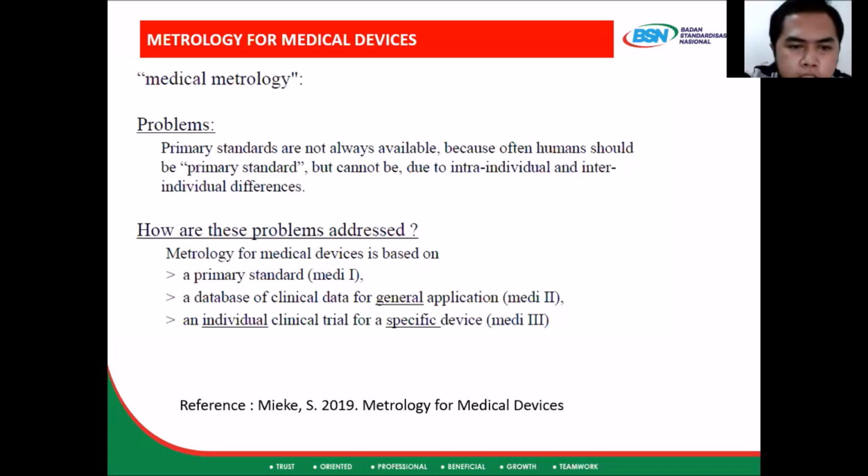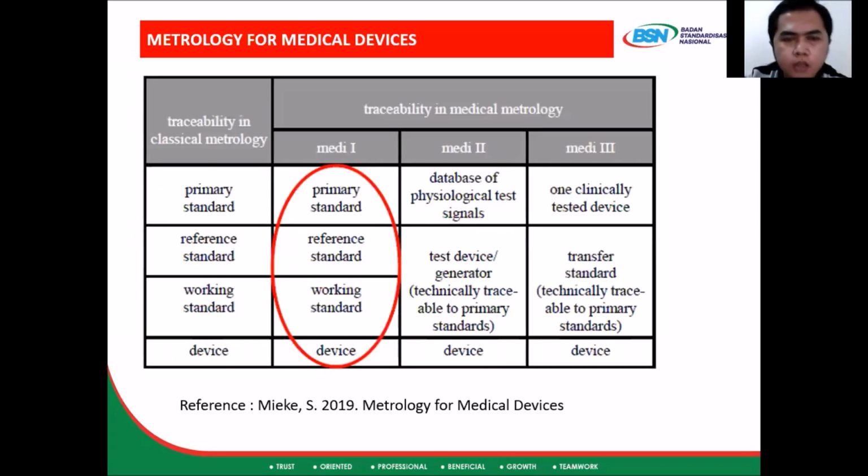The primary standard in MEDI 1 is a database of clinical data for general application, MEDI 2, and the third one is an individual clinical trial for a specific device, MEDI 3. So there are three categories in the traceability in medical metrology, according to Dr. Stephan Mieke from PTB Germany, the NMI for Germany.